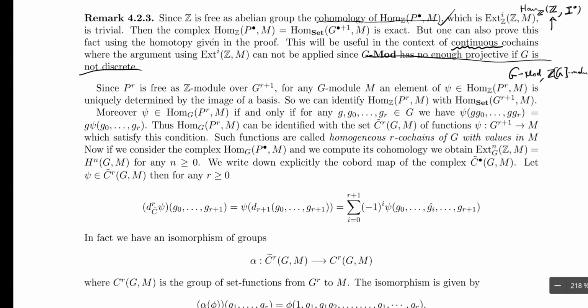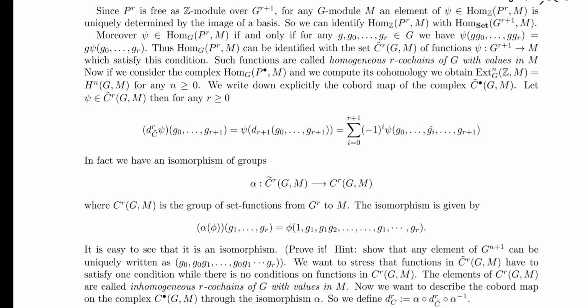So we can identify Z module homomorphisms from P_R to M with maps as a set from G^(R+1) to M. By our definition, P_R is the free Z module with basis all the elements of this product group.